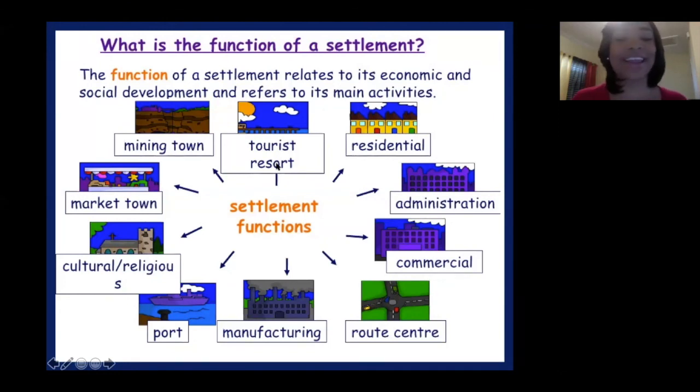Marsha says mining town. Marsha, you're on the roll. Excellent job. Yes, mining town. Renato, Indira, and Nathan, also Franklin, also say mining town as well. Good job, guys.